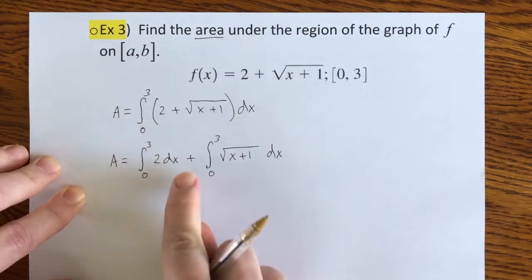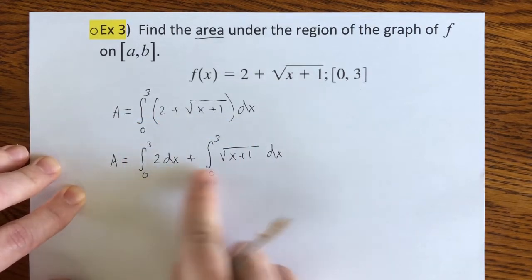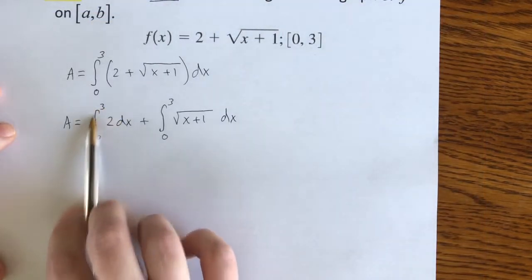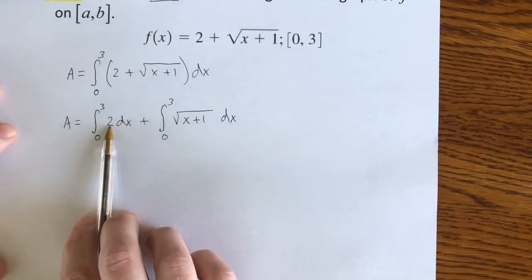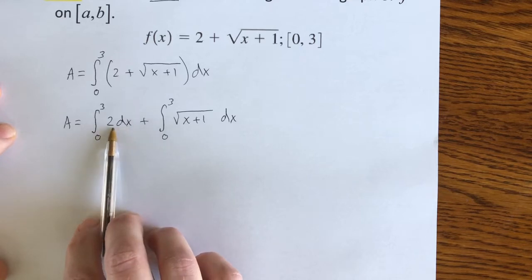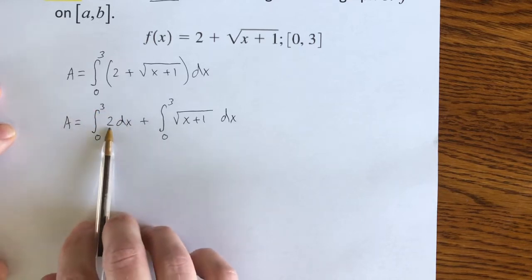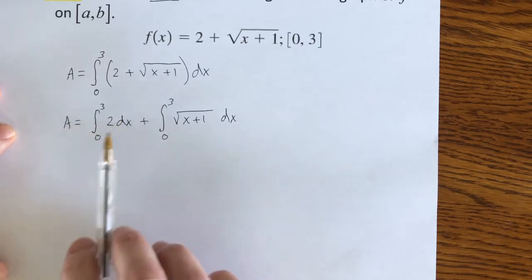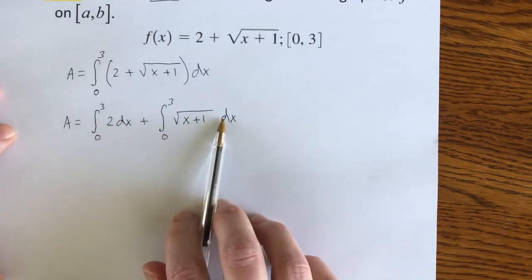At this point, we need to recognize that we're good here. The integral of 2 with respect to x is going to be 2x, so the actual value of this integral is just 2 times 3, which is 6. This is the one we have to be concerned about in terms of u substitution.